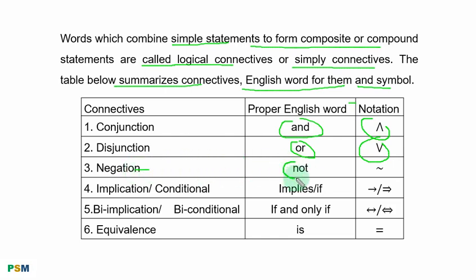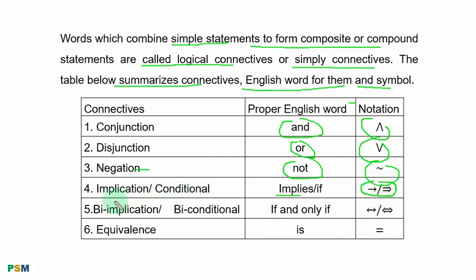Not is the English word, then you have this symbol. 4, implication or conditional. Implies or if is the English word, then you have this as the notation or symbol.